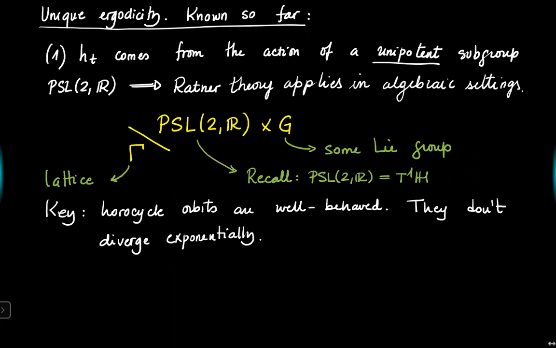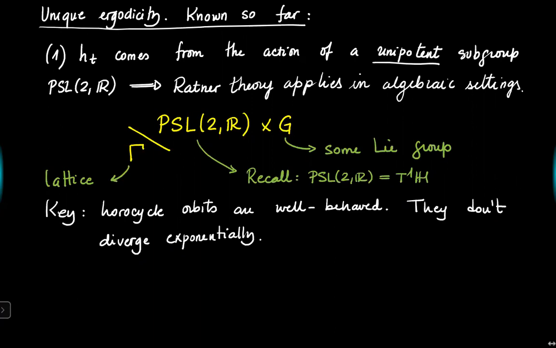So Ratner theory will tell you everything you want to know if your space is a homogeneous space. So if your manifold M hat is PSL2R times some Lie group G divided by some co-compact lattice, you can apply Ratner's theorem here.